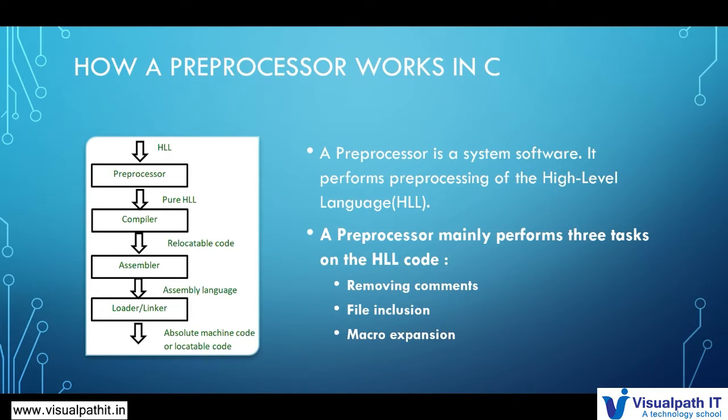Whenever a C program is fed for compilation, the high level language code first goes to the preprocessor, and the preprocessor does these three steps. After that, it goes to the compiler. The compiler compiles and makes an object file.